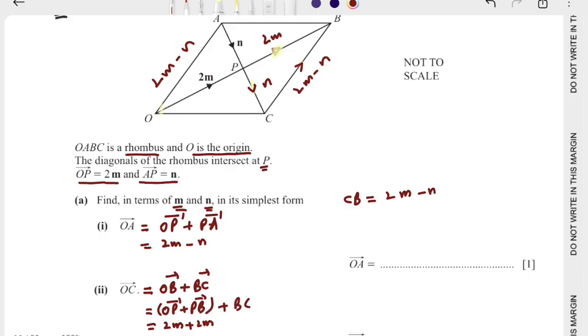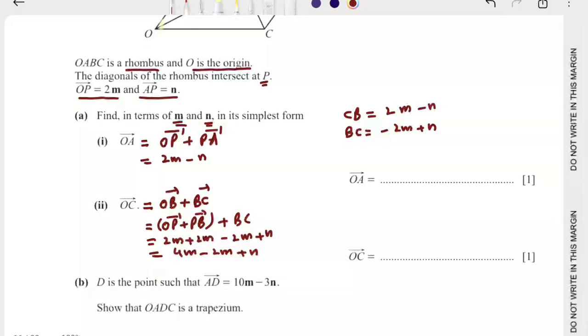So BC means the opposite of CB, and we have to turn their signs opposite. So plus 2m would be minus 2m and minus n would be plus n. Minus 2m plus n. Now it becomes 4m minus 2m plus n. 4m minus 2m is 2m plus n. This is the answer.